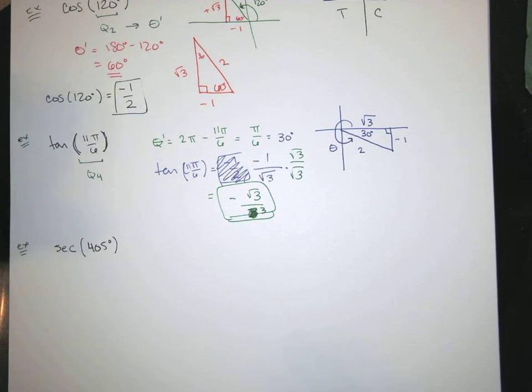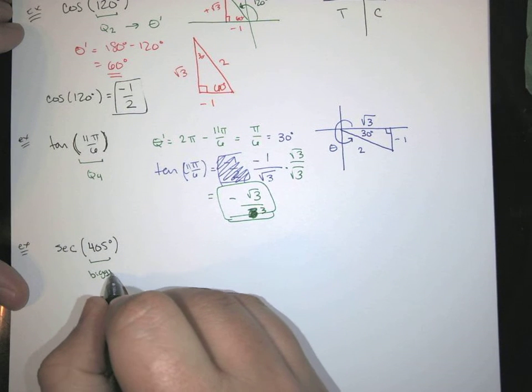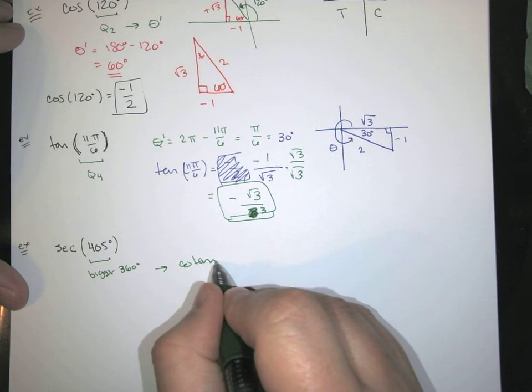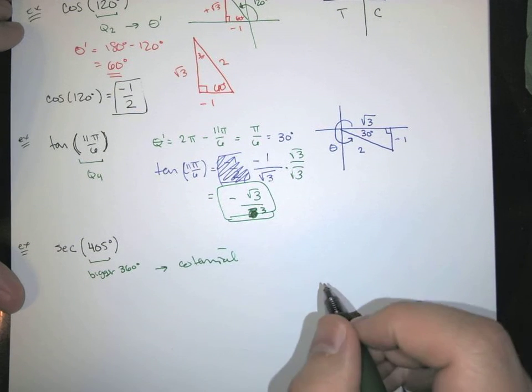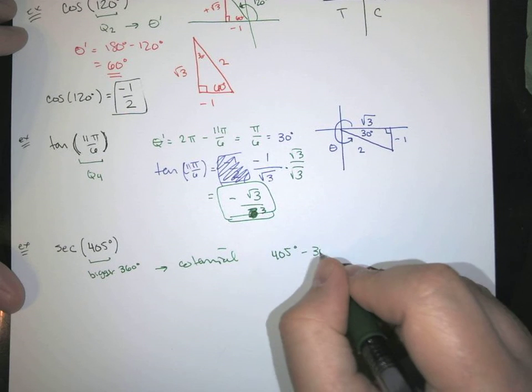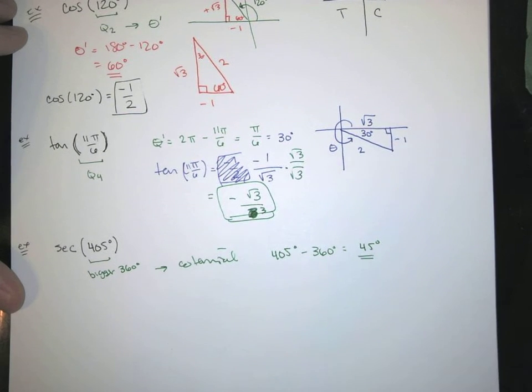All right. So this guy's bigger than 360, so let's do a coterminal angle first. So we're going to get an angle with the same positioning. We'll do 405. If we subtract a rotation off of it, that's going to leave us with 45 degrees.